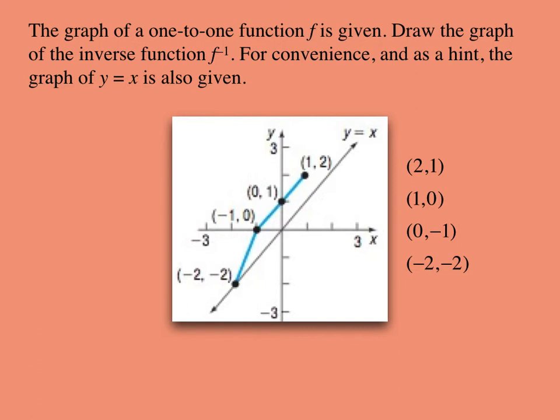So what we're going to do is graph these points now. So 2 to the right, 1 up, (1, 0), (0, -1), and (-2, -2). And then you can see when I connect these points with linear pieces, what I've just graphed is my inverse function, f inverse of x.